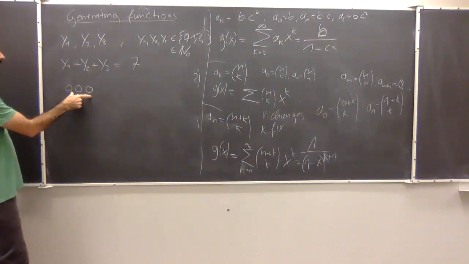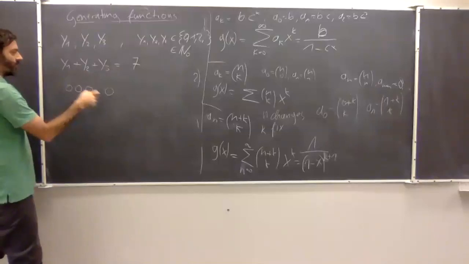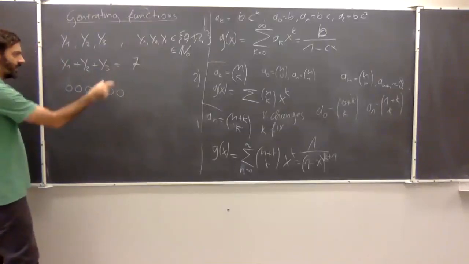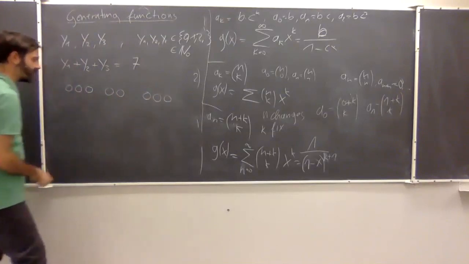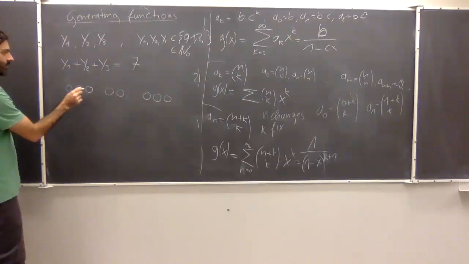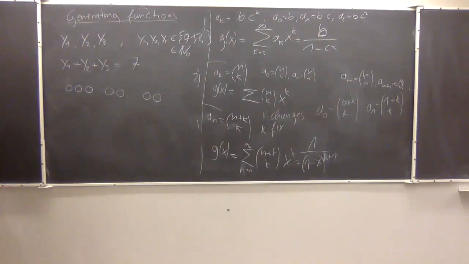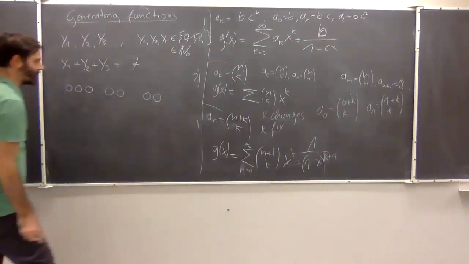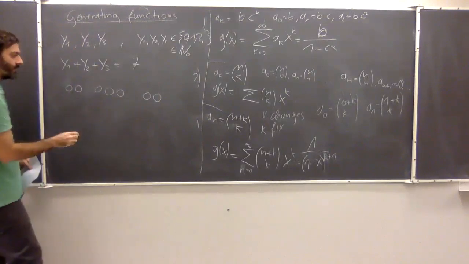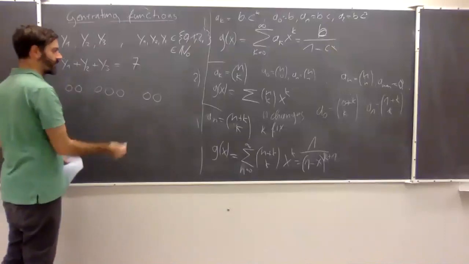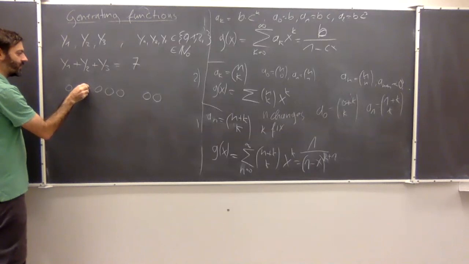You choose a number of boards for the y1, a number of boards for the y2, and a number of boards for the y3, and that should be in total 7 boards. 1, 2, 3, 4, 5, 7. So you have 7 boards, but you're free to move these boards a bit. So you could move this one from there to there. And so what you're actually interested in is you have these gaps.